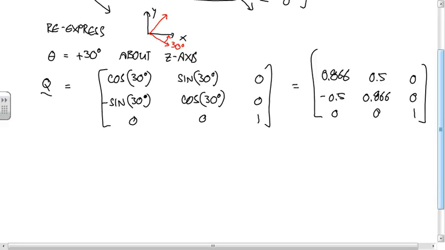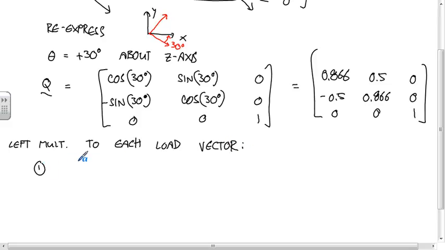Now we're going to multiply each of those loads by this matrix. Remember that this has to be a left multiplication. Okay, so we have one force.